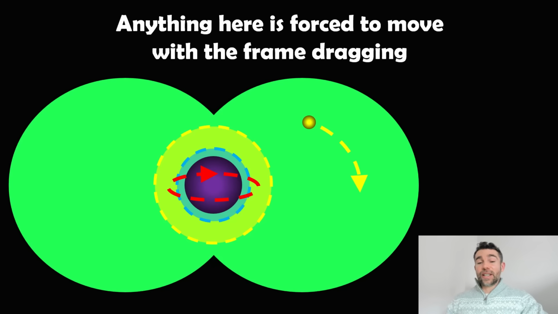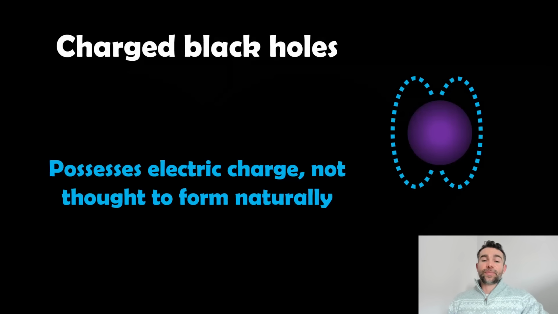And there is an interesting thing you can do there. You can actually extract rotational energy from the black hole if you're in the ergosphere, and it's called the Penrose process, which I've done a separate video on. But you may have come across it in some movies like Interstellar, where they use the Penrose process to extract energy from the black hole to give the spacecraft energy to get out.